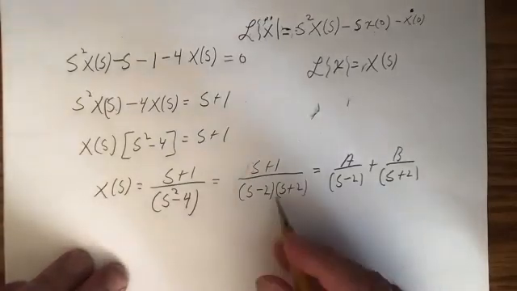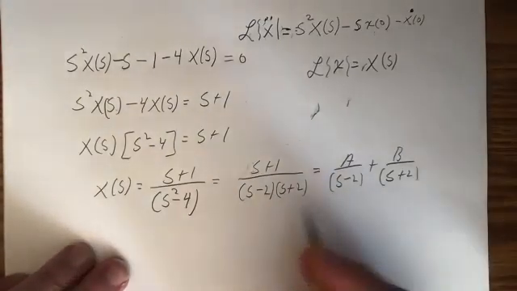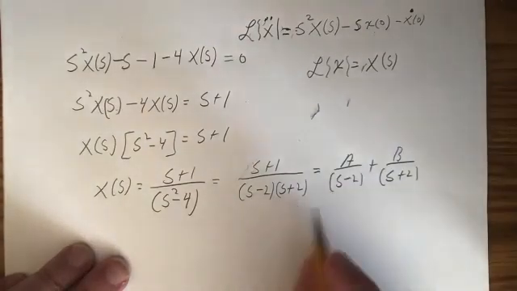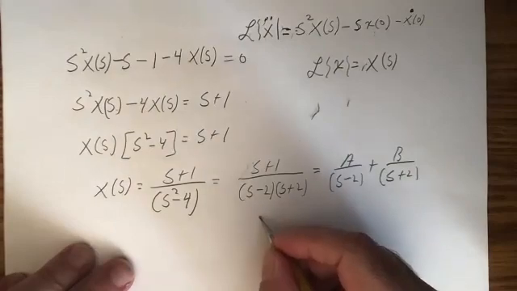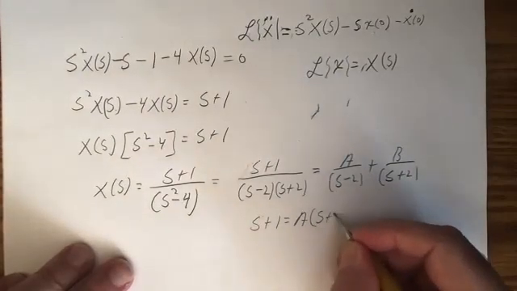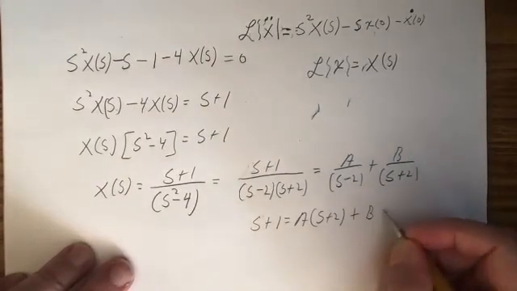Now when I multiply the entire equation by s minus 2 times s plus 2, this becomes s plus 1 is equal to A times s plus 2 plus B times s minus 2.